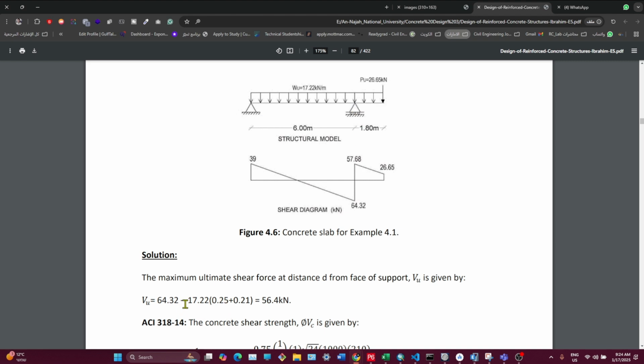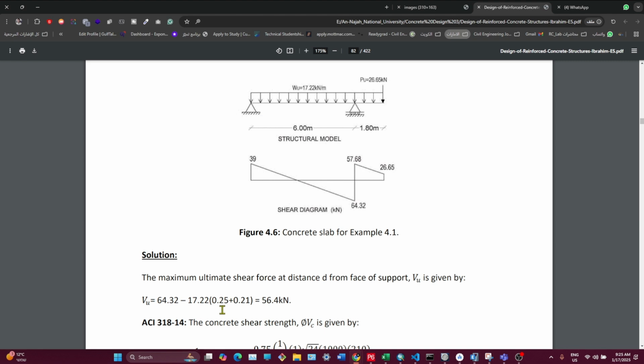So minus the W ultimate, by the distance. We subtract another shear force that is just the interval between the face of support and the distance d from the face of support. Is that clear?